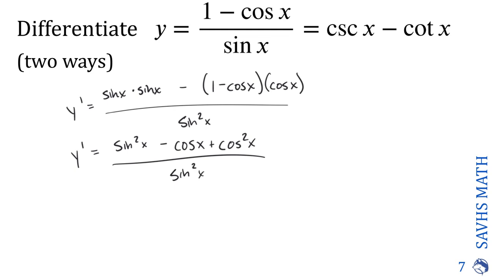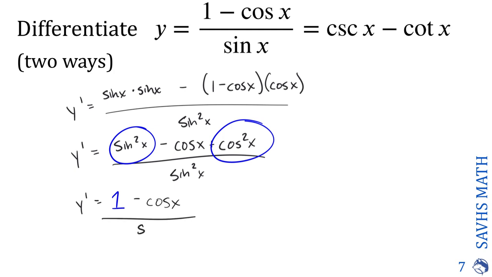And so then I factor out the 1, because I got a sine squared plus a cosine squared, so I can make that a 1. So there's that. And then what else could I do? Rewrite it as 1 over sine squared minus cosine over sine squared. Yeah, this is going to take us where we need to go.